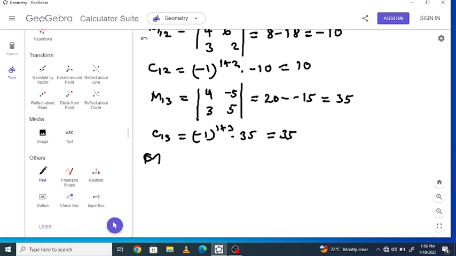Next we have second row, first column. We delete row 2 and column 1. That gives us 3, negative 2, 5, 2.